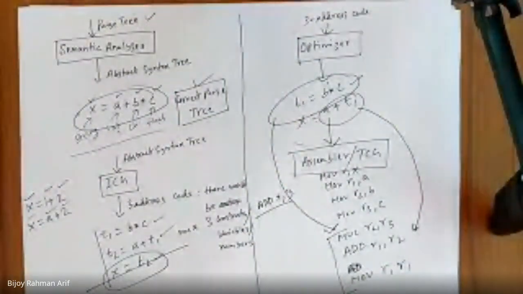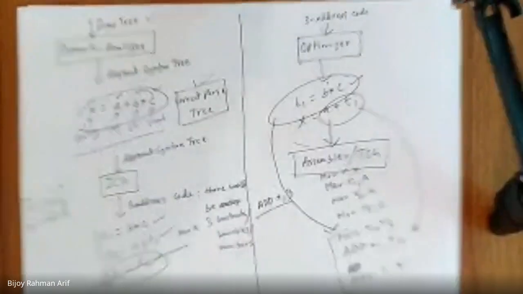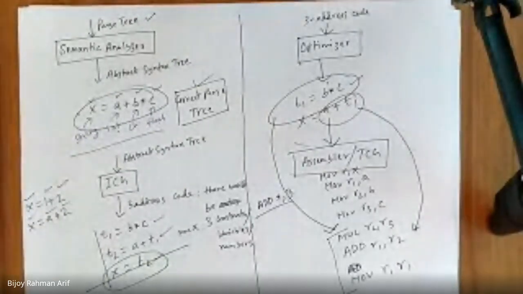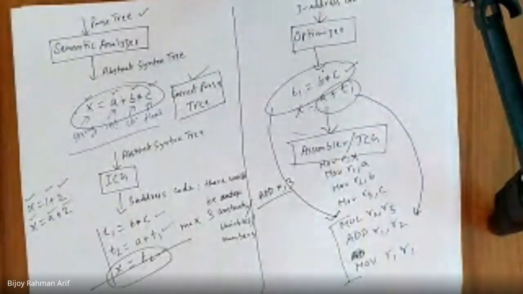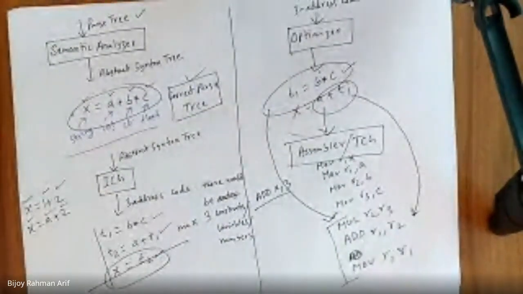Now we have created our assembly code. That's why we use the 3 address code. Each 3 address code has direct mapping to a particular assembly instruction. Then we get the final assembly code. We are done with our compilation step. That's why we simplified. That's why we have created the 3 address code.